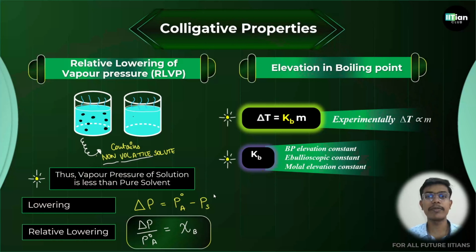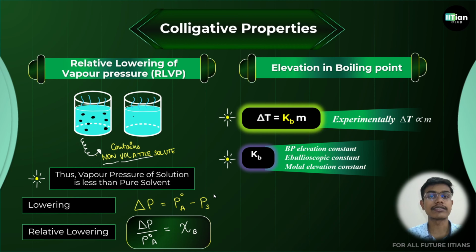The next colligative property is elevation in boiling point. When it comes to boiling point, the vapor pressure should be equal to the atmospheric pressure. You should note that the vapor pressure of the solution is always lesser than the pressure of the atmosphere. So we will have to supply more temperature to make the vapor pressure generate more and more vapor such that it creates a vapor pressure equal to the atmosphere.